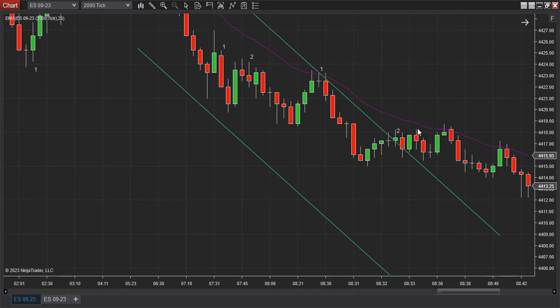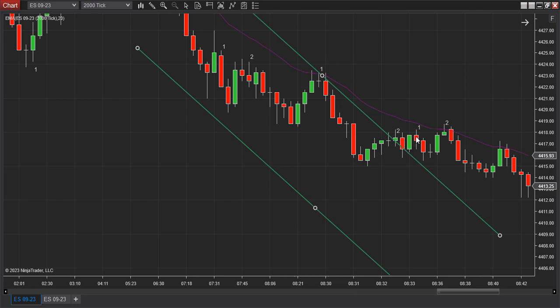However, we have a break of the channel, and we can start doing the exact same thing. First entry short, second entry short. New key entry point being the 20 EMA here, fading this large channel here. It's still within our rules, it's still within our strategy.